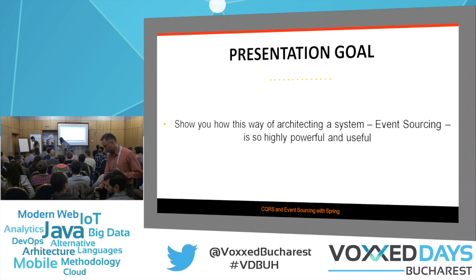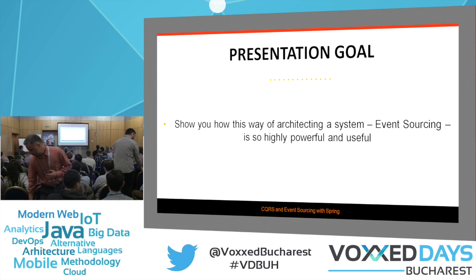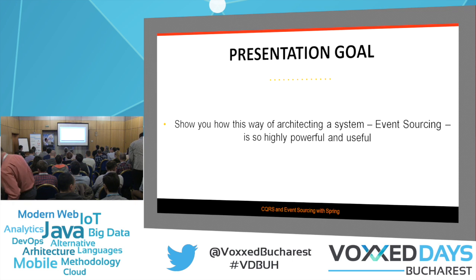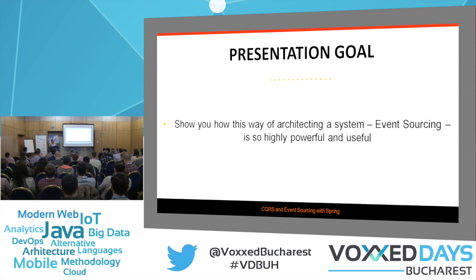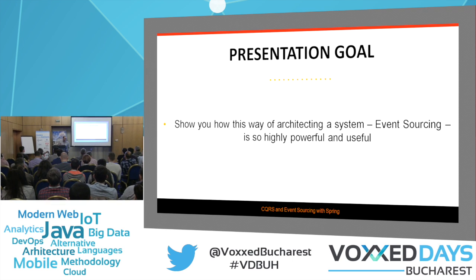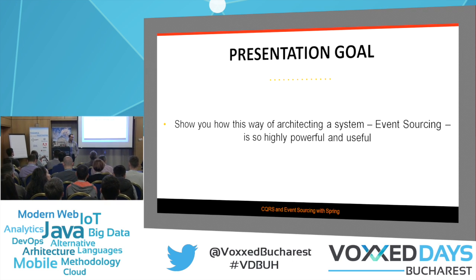So the goal of the presentation is to show you the way to architect a system with event sourcing. This is definitely a different style of building your architecture. And from my experience, the mental shift from going from a traditional CRUD style of architecture to an event sourcing architecture, that's really the main thing that holds people back, right?